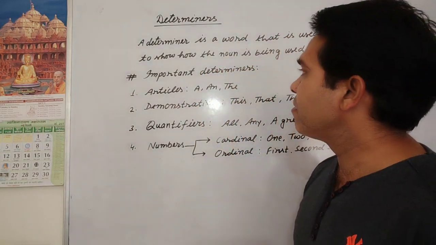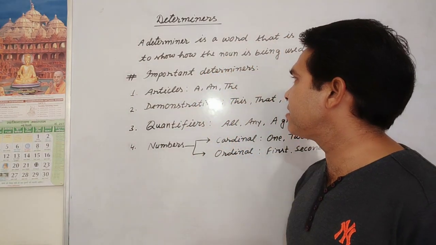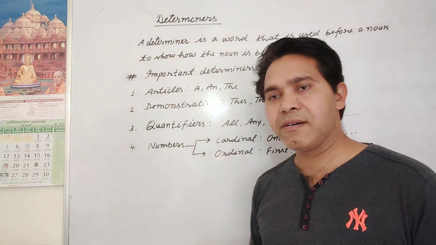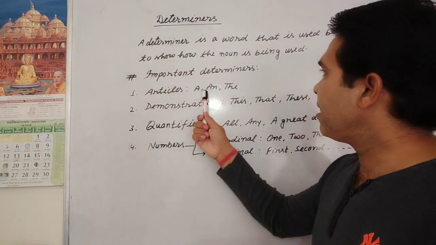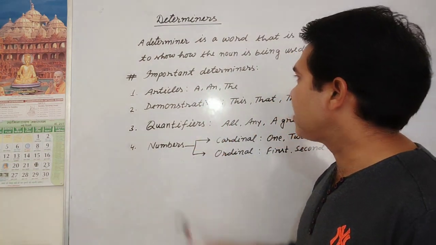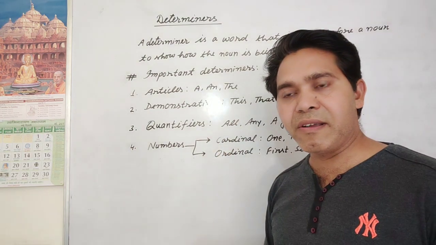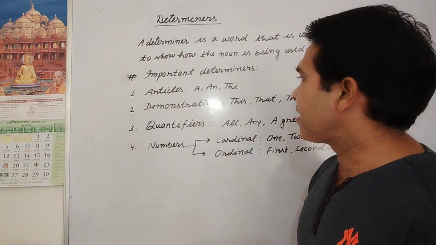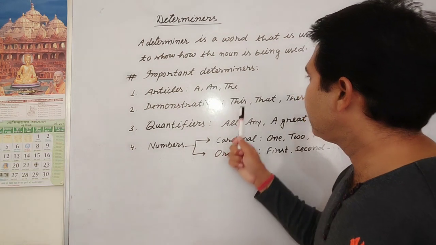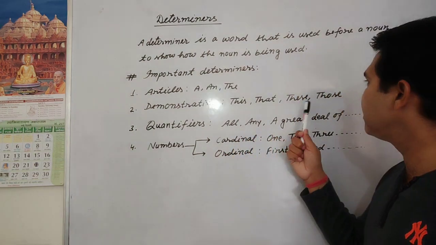I have written here. First, articles: a, an, the. A and an are indefinite articles and the is a definite article. Second, demonstratives: this, that, these, those.